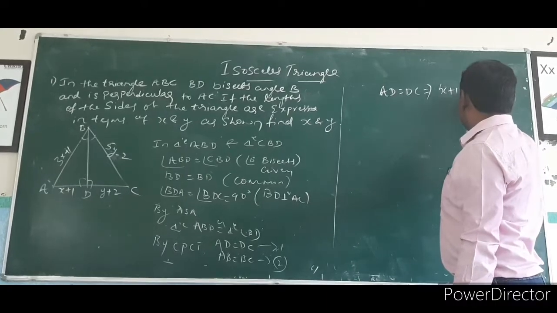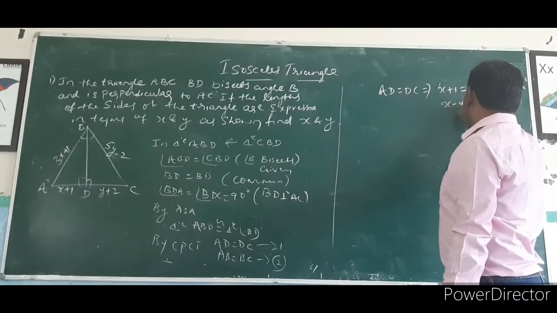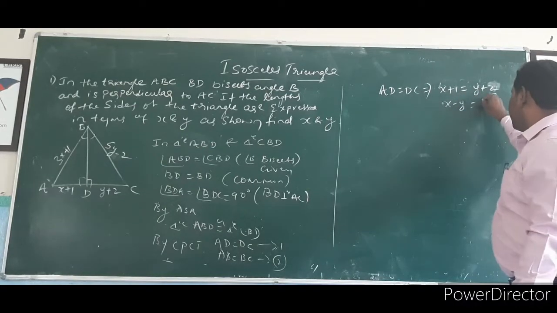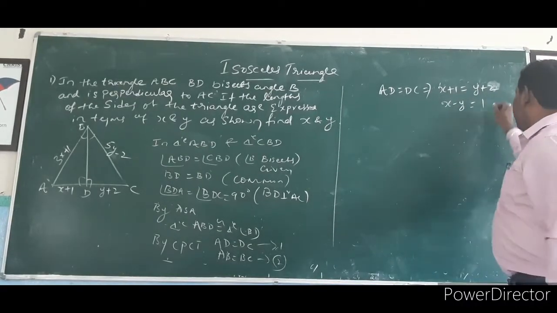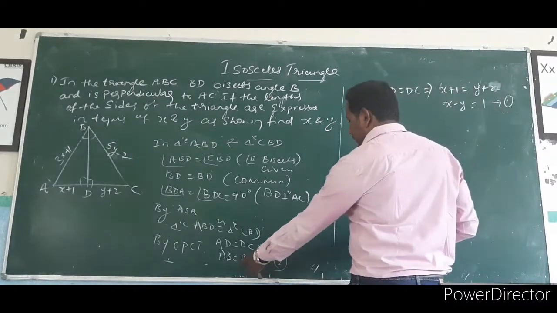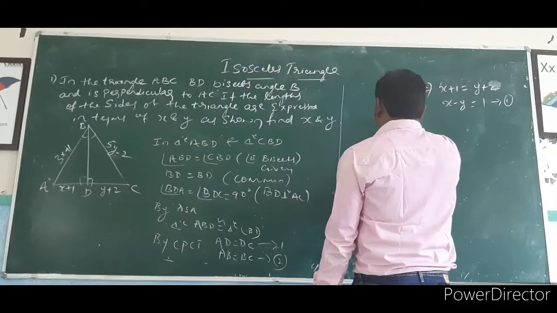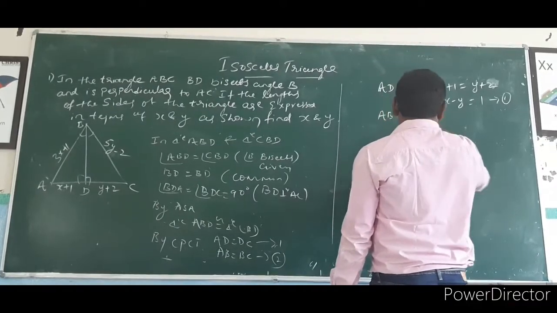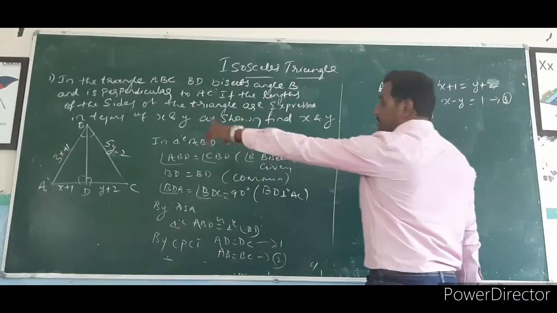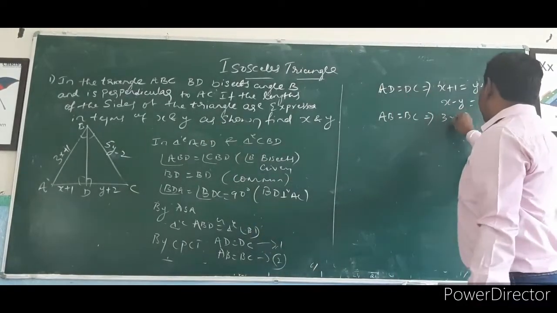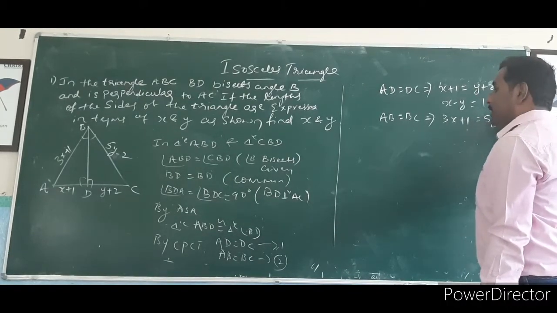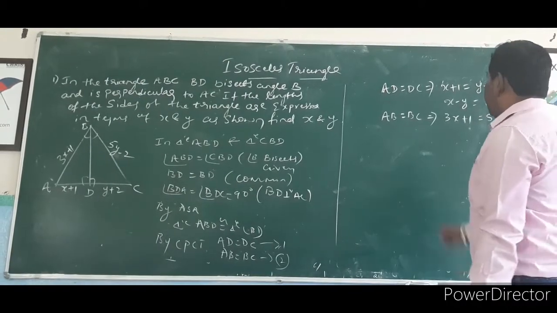You can shift y to this side, and 1 to the other side, so what is remaining is x minus y is equal to 1. You can keep this as equation 3. Next, consider the equation AB is equal to BC. AB is 3x plus 1, which is equal to 5y minus 2, the BC value.